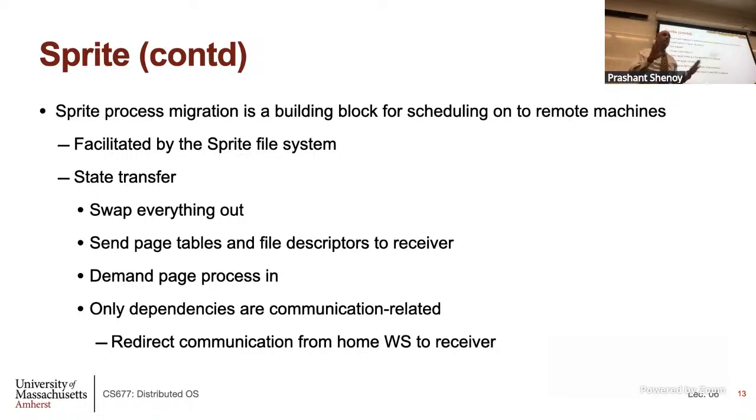Now, there are many problems with this approach, because you can ask, what if the process was doing I/O? It was actually reading or writing a file on that machine. Now we moved it to some other machine. The file is still on the previous machine, right? So if it starts doing I/O here, that I/O is going to fail. Even more complicated is what if it had an active network communication?